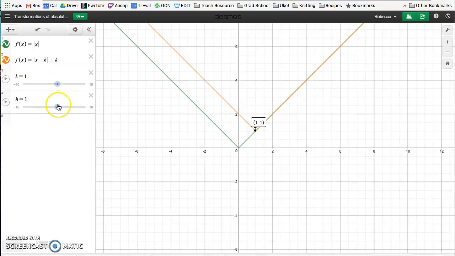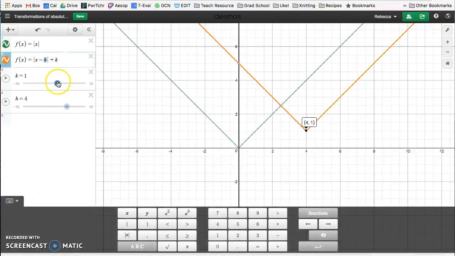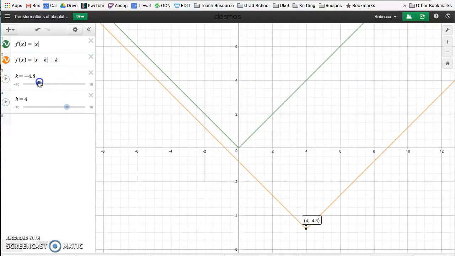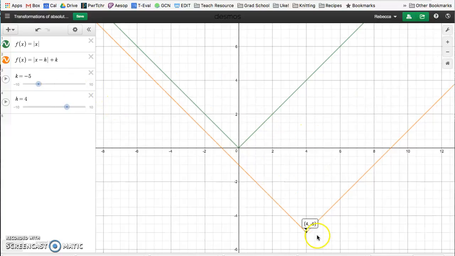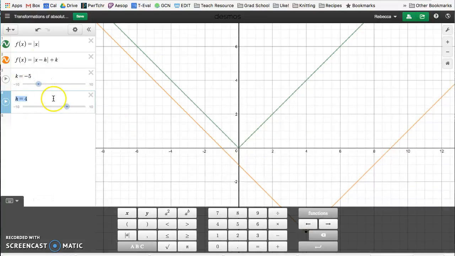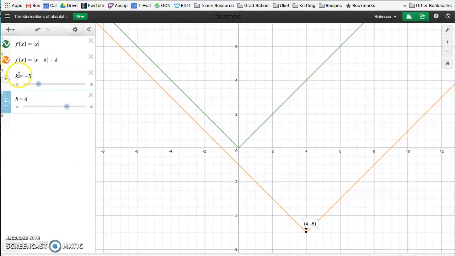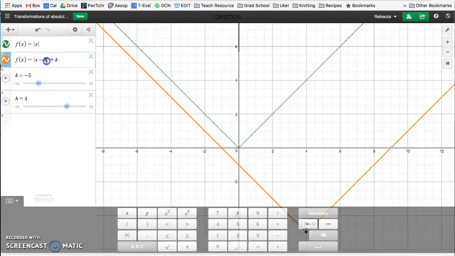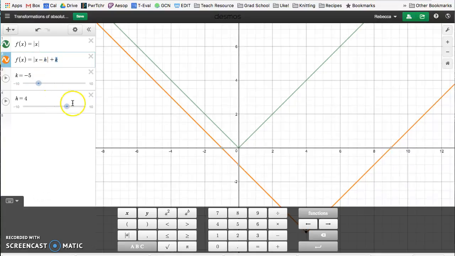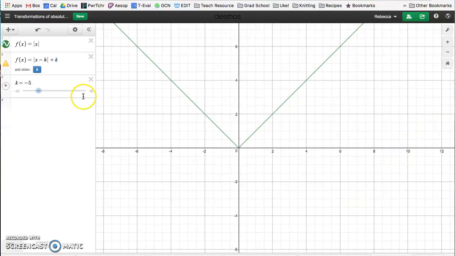So if I made h, this number here, negative, let's say 4, it's going to move to the right 4 because it's minus 4. Let's say I subtract 5 and down 5. Whatever these two values are, h will be the x value of the vertex, and k will be the y value of the vertex. So you can actually tell what the vertex is based on these two numbers.